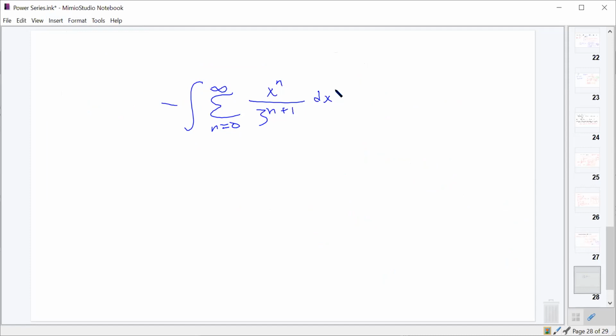Since I said we're going to do one as an indefinite integral, we should end up with the opposite of the sum from n equals 0 to infinity of x to the n plus 1 over n plus 1. That's how we'll integrate that, right? Raise it up to the power of n plus 1, divide by n plus 1, and 3 to the n plus 1 still. And then we're going to have to add some constant to that.